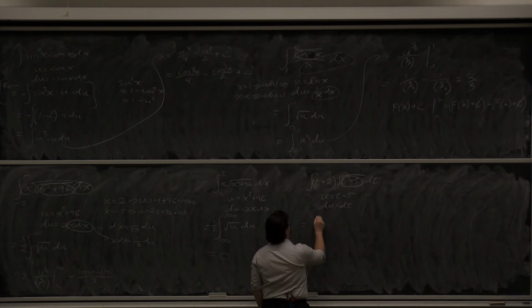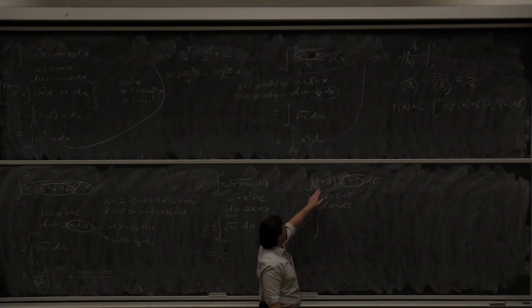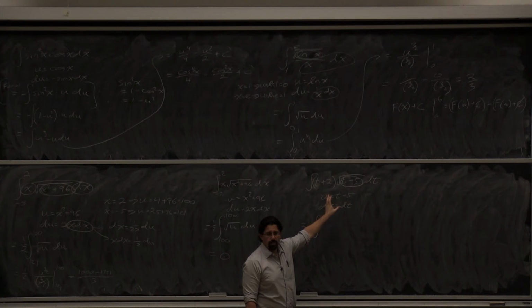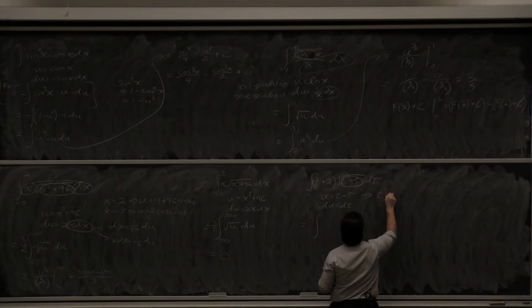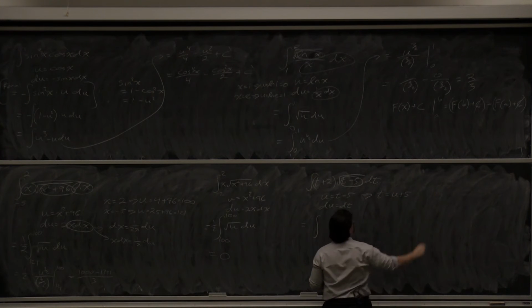And so that gives me the integral of t plus 2 over here. Okay, substituting for the t, that's not necessarily something that's easy to do in your head. So on occasion, I will solve for the one variable in terms of the other over here.